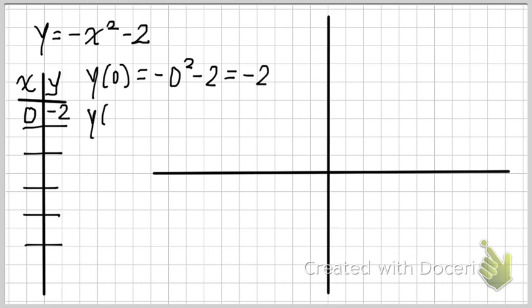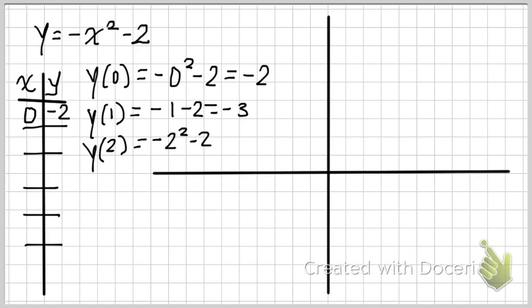And then I'm going to plug in a 1 for x, and that's going to give me -1 minus 2 is -3. And then I'm going to plug in a 2 for x, and that's going to give me -2 squared minus 2, which is -4 minus 2 is -6. So that's 1, -3, 2, -6.